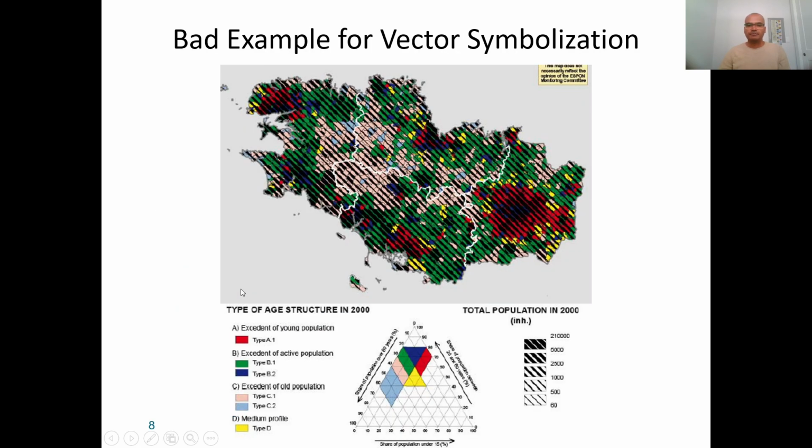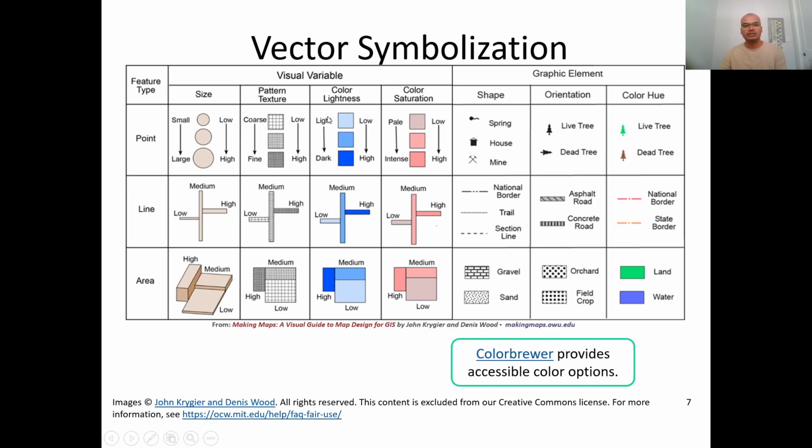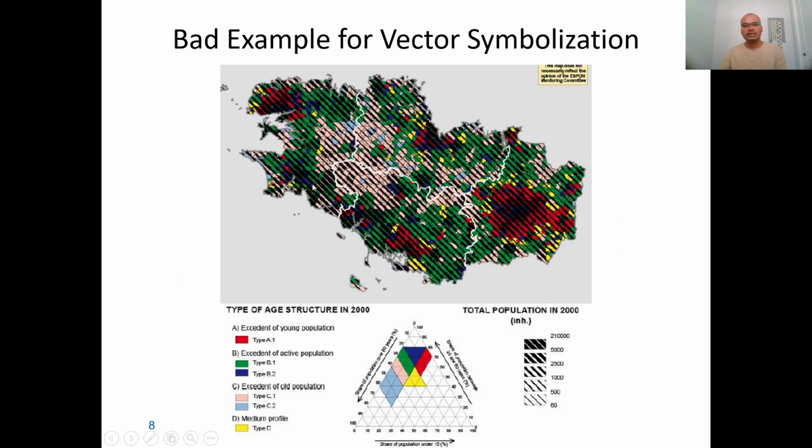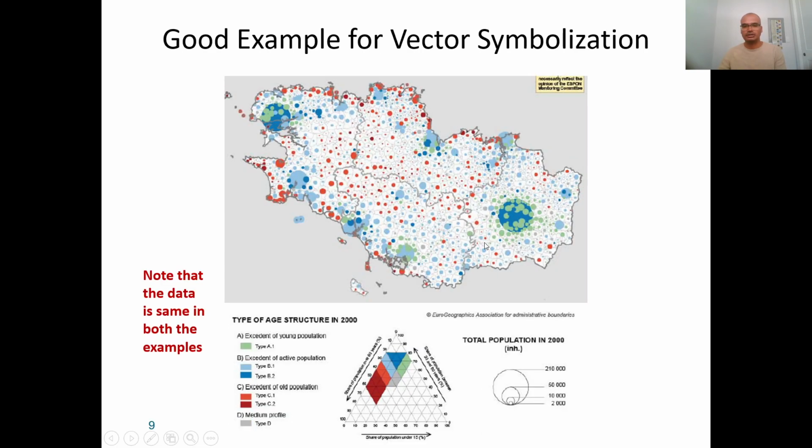If you look at this map, you can't understand anything easily from it, although it uses a wide variety of symbols, as we see here, but they are not properly picked to represent the data or the information. So you have many choices of symbols, but how you use them and how appropriate they are is very important.